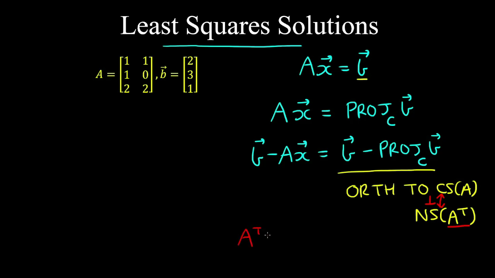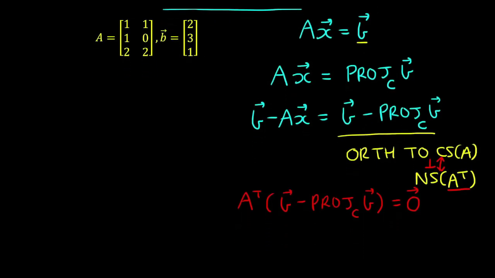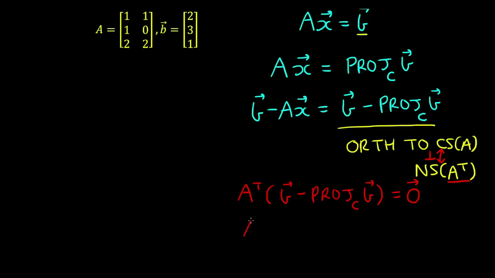So we have the transpose of A by B minus a projection of B onto the column space of A is equal to 0. And this means that the transpose of A multiplied by B minus Ax is equal to 0.